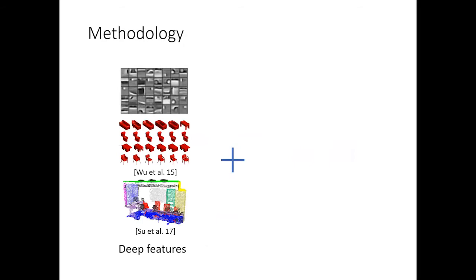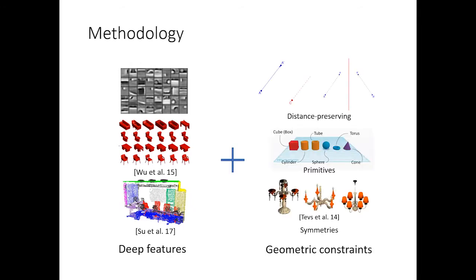The methodology through this talk is that we are trying to combine essentially two types of tools. One is deep features, which is what brought us into the deep learning era. Another is geometric constraints, in particular dealing with three-dimensional objects. There are a lot of geometric constraints like distance preserving, primitives, and symmetries.